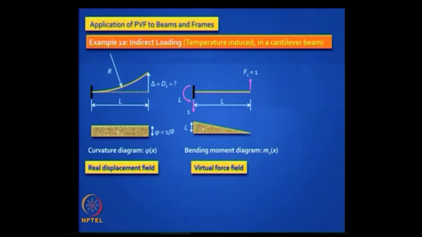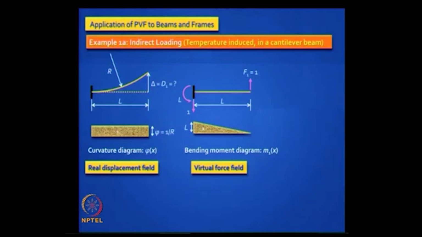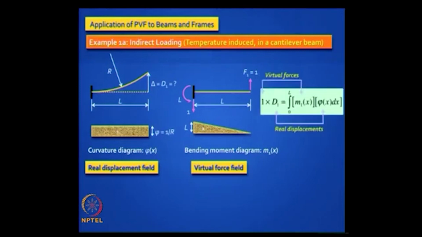You put a unit load exactly where you want the deflection, draw the bending moment diagram, and we use the notation small m just as we use this notation small n earlier. Small m j means bending moment at the location x due to Fj equal to 1, and this diagram is very easy to construct. And then you invoke the principle of virtual work.